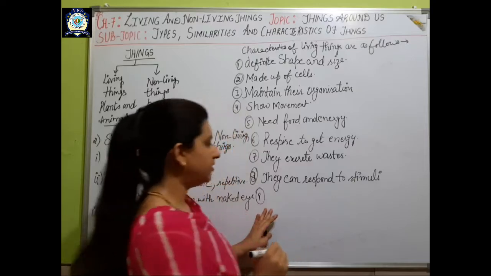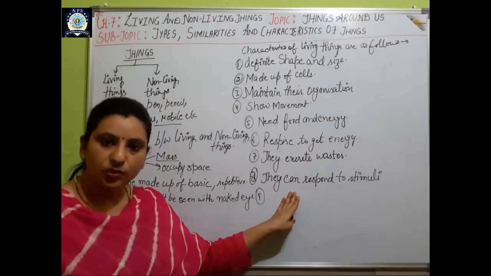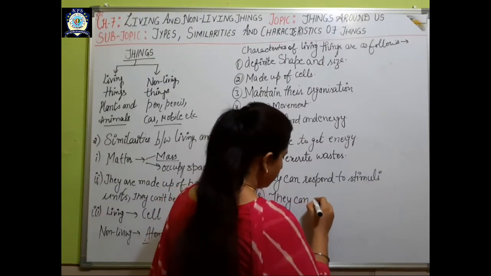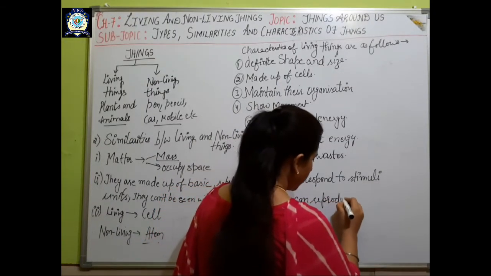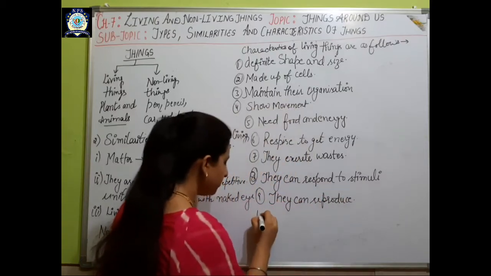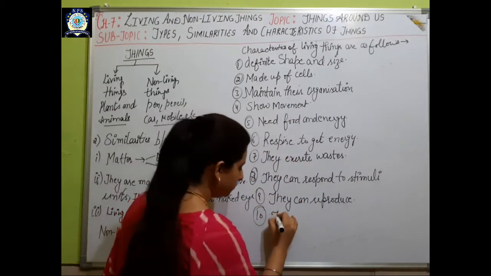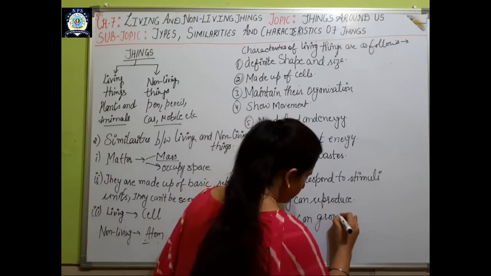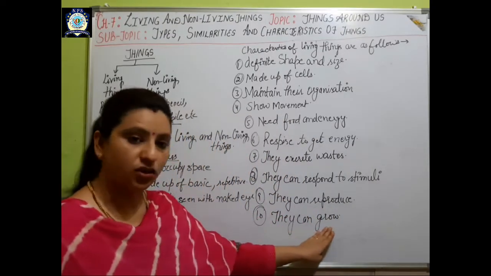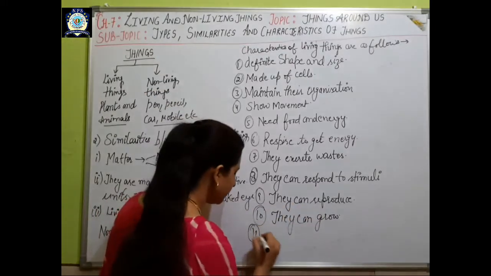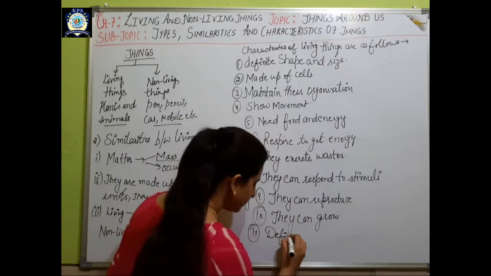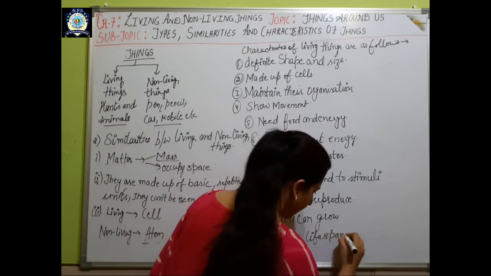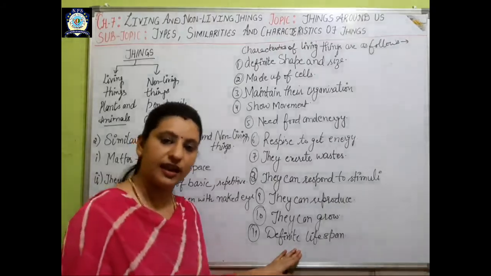Ninth characteristic is that they can respond to stimuli and they can reproduce. If they can reproduce, it means they can grow, and if they can grow, it means they have some definite lifespan, as they took birth and they can die out.